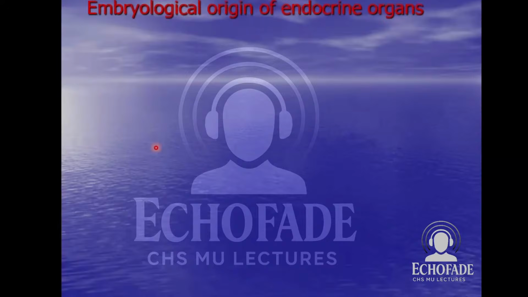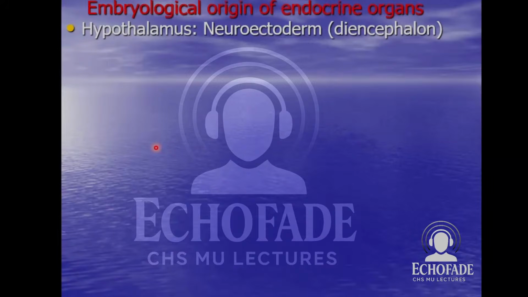Now, for the embryological origin of these endocrine organs, they come from all the germ layers. I'll just mention each of those and which ones come from what. The hypothalamus is neuroendocrine, from neuroectoderm, from the diencephalon.